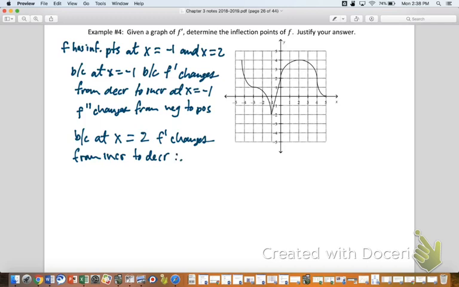Positive to negative. You don't have to say that, but it's certainly not wrong. It would be a good justification as well. So you really don't have to give just one justification, or two different justifications. I kind of gave two different ones in both cases.